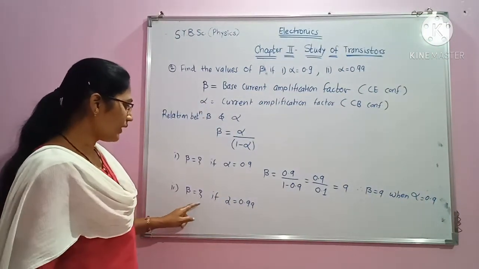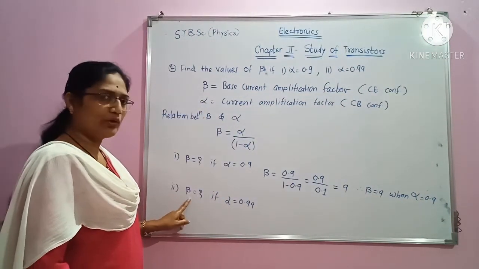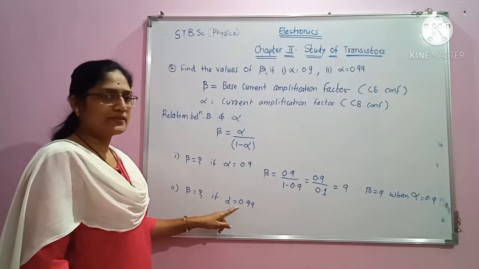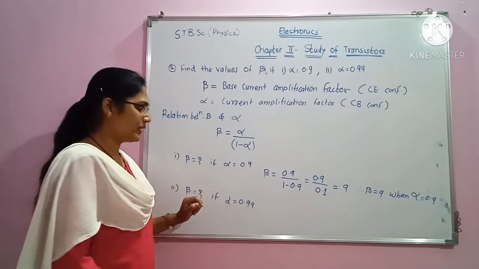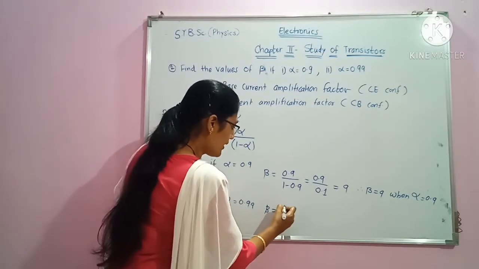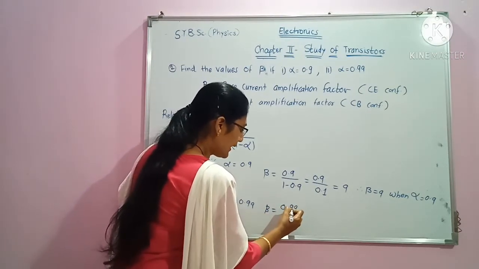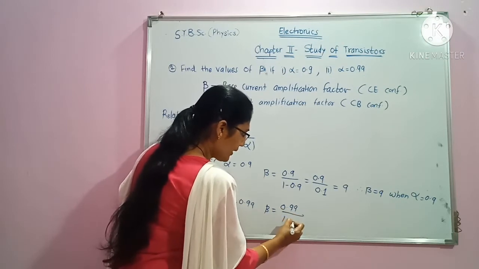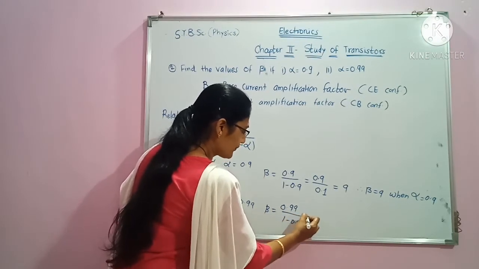Then we have to calculate the value of beta when alpha is equal to 0.99. So again we substitute the value of alpha: 0.99 upon 1 minus 0.99.